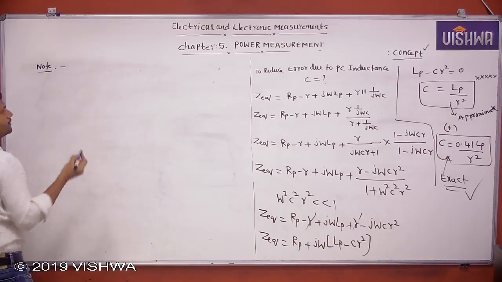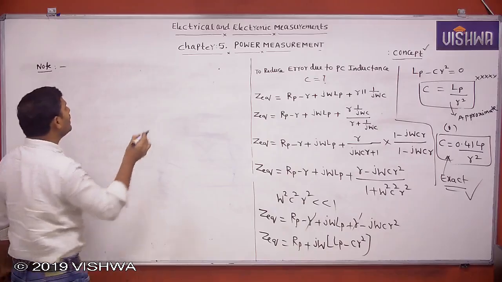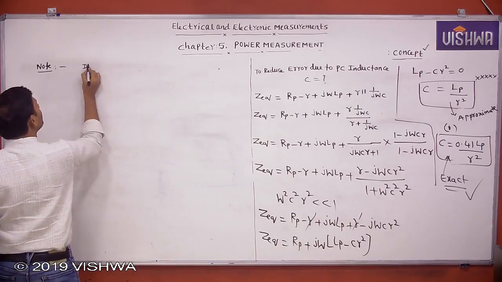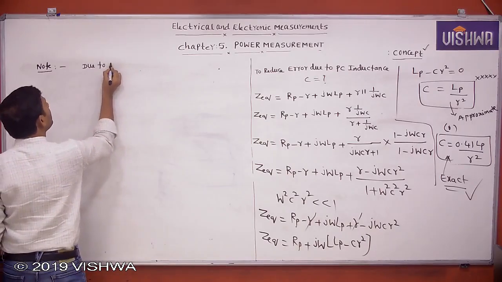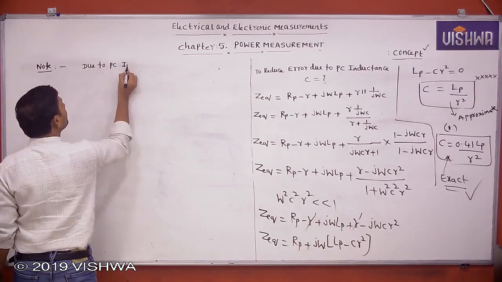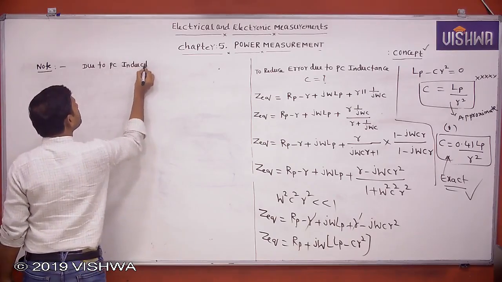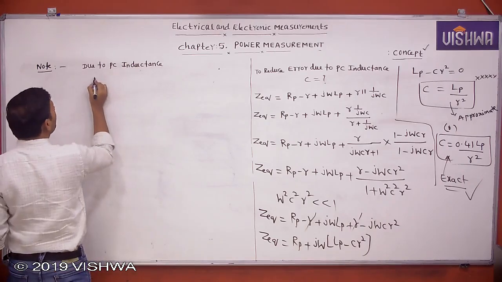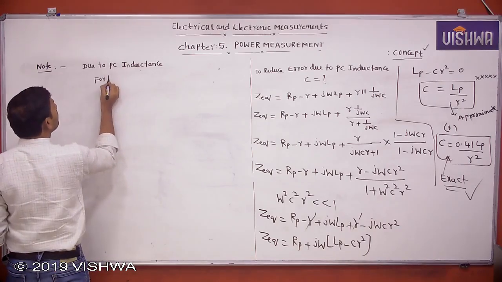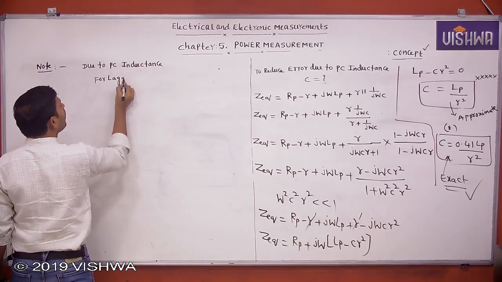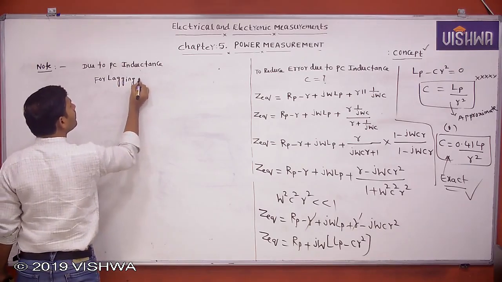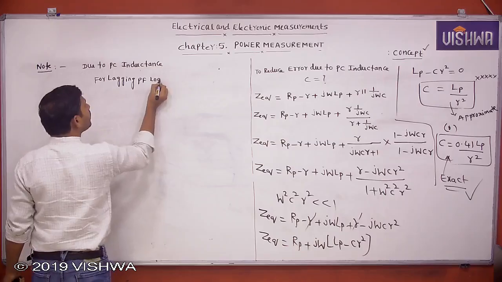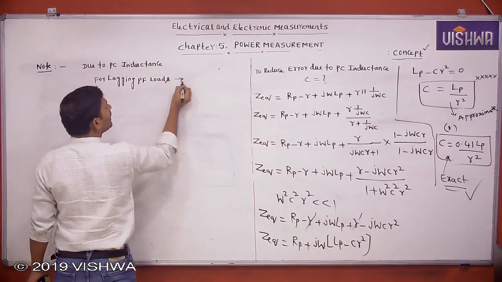We know that due to pressure coil inductance, for lagging power factor loads, what we are getting?